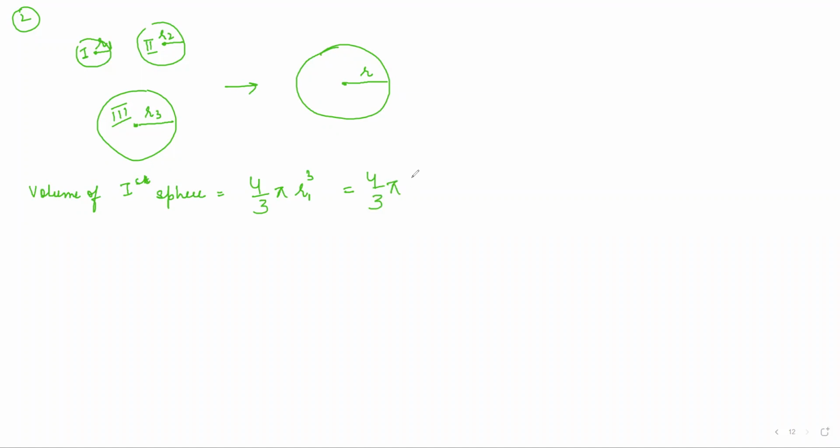Just put the value of radius. R1 is how much? 6 centimeters. So 6 centimeter whole cube. Leave it like this, or you can multiply at least 6. So 4/3 pi. 6 into 6 is 36, and 36 into 6 is 6, carry 3, 216. So I'm getting 216 centimeter cube.